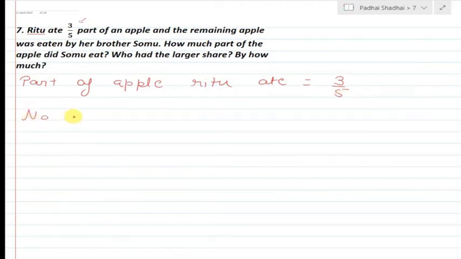The number of apples is equal to 1 apple. Out of that, 3 by 5 part was eaten by Ritu, so we have to subtract that part from the whole apple, and we will get the remaining answer.